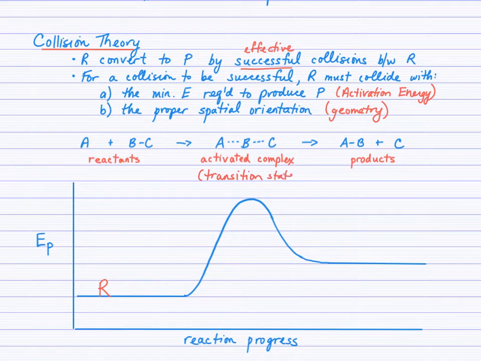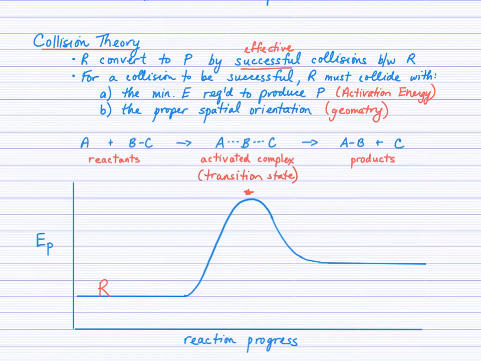The activated complex on the graph is right where I've put the star. It's the point where the potential energy is the greatest, higher than both reactants and products.